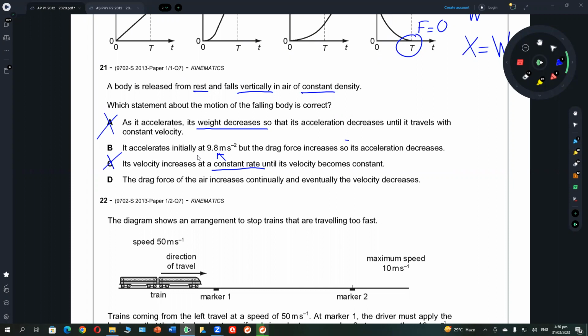Why should velocity decrease? Velocity can reach terminal velocity, and terminal velocity means constant velocity. Velocity will increase and it can become constant once terminal velocity is reached. So this is wrong because velocity should not decrease.